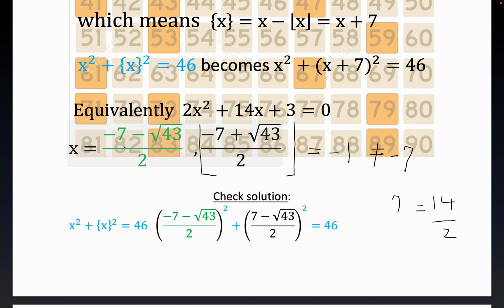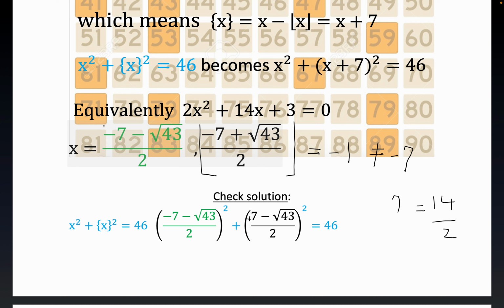Here's our proposed x. So if you add 7 to this, that's like adding 14/2 to this, but notice that changes this to a +7, you see. Changes this to a +7. It would have been better if I'd shown you the work, but it's kind of clumsy to show all that. But anyway, when you expand this out, you can sort of see a lot of stuff cancels, and it does check, okay? So this green solution, that's our answer.